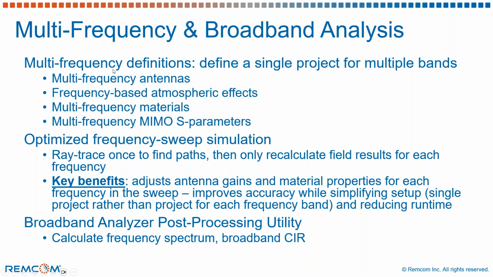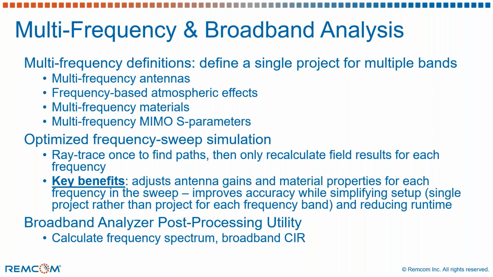All of these things enable you to, with one project, have something that can be run over multiple bands, which really simplifies the project and the workflow you're using. The second benefit to this is the optimization of the run times. If you run a frequency sweep, you ray trace once. You find all those paths. You do not have to recalculate the paths.